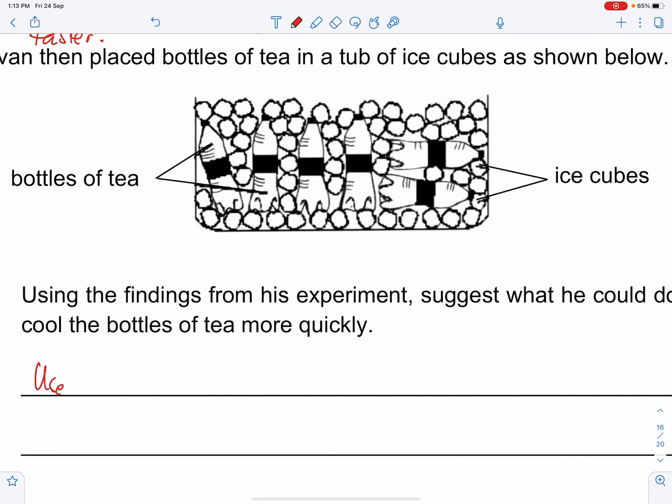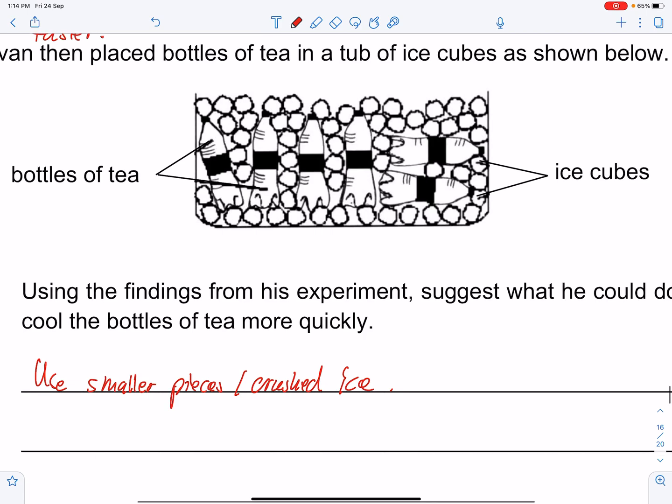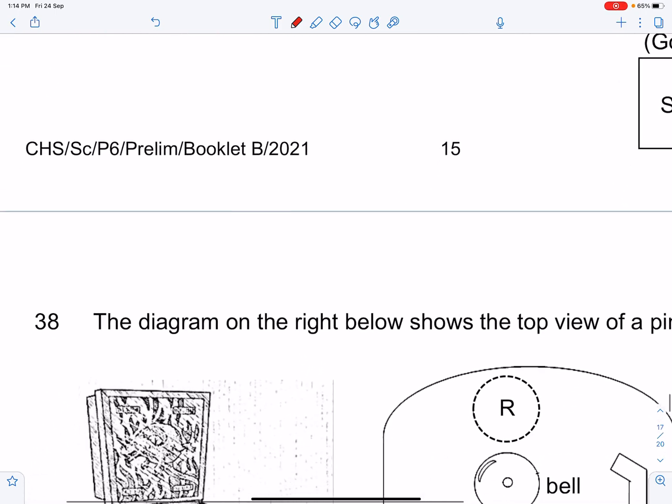Use smaller pieces or crushed ice. Or you can say you pour water to cover it. That will work because the ice will cool down the water, and then the water will have a greater surface in contact with your bottles. Next.